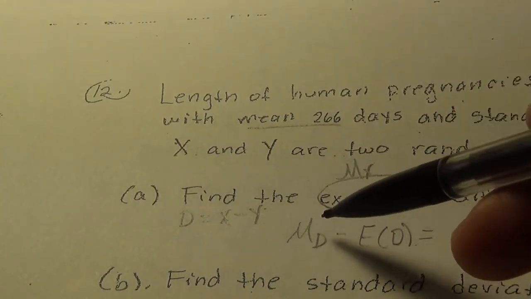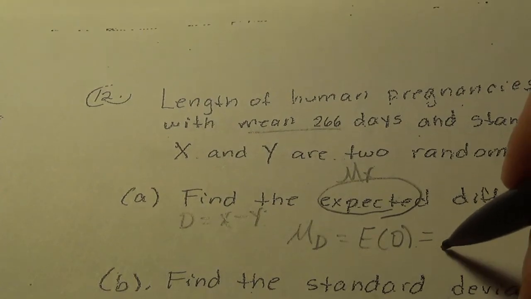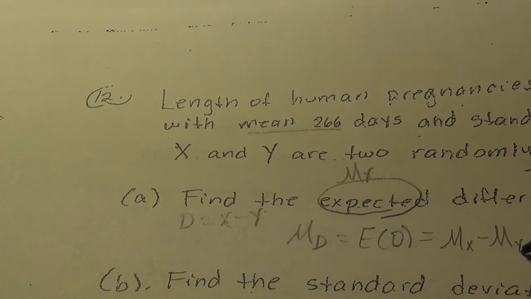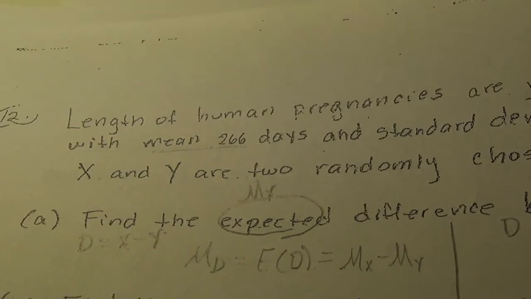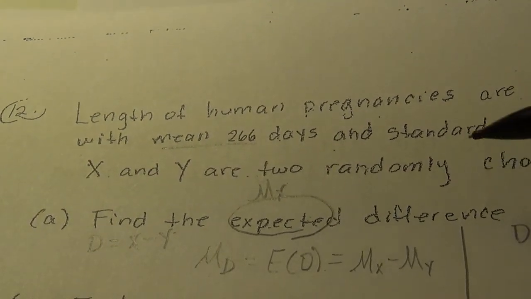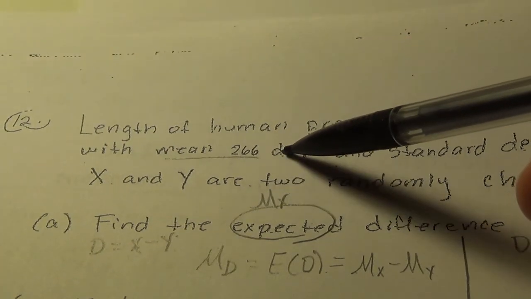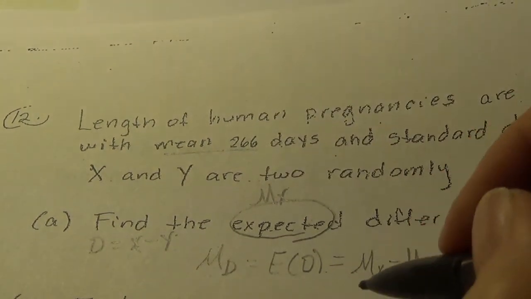So we learned that we can get the mean of the difference by just taking the two individual means and subtracting them. So looking up there, it says we have two randomly chosen pregnancies. So the mean of the first one, the first chosen pregnancy, is 266.